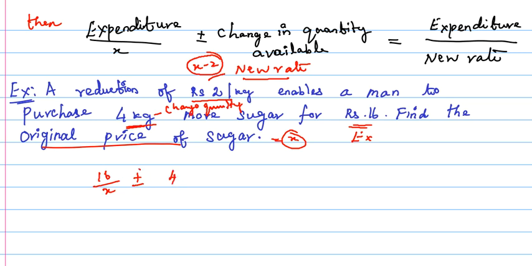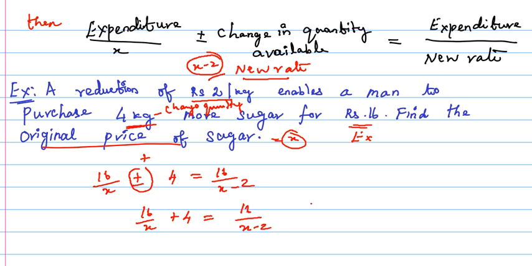4. Since the quantity increases, it's enough to put plus, equal to 16 by x minus 2. Now try to simplify: 16 by x plus 4 equals 16 by x minus 2.